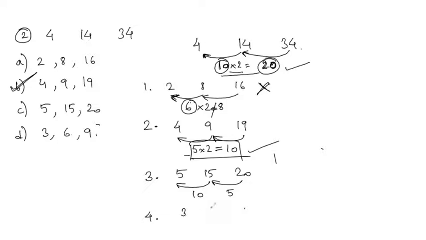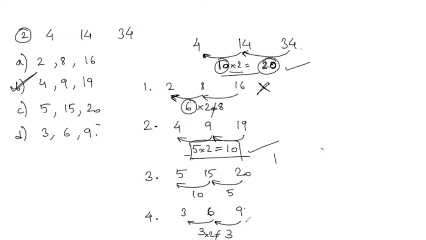Next, the last one, 3, 6 and 9. First difference is 3. Next is 9 minus 6, 3. They are equal, so it is not correct. What should we get here? 3 into 2, 6, but it is 3 here. So even option D is wrong.